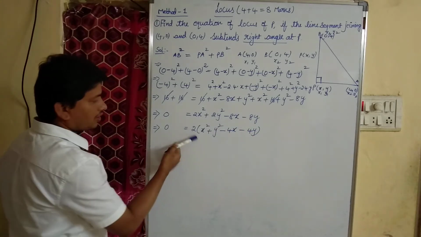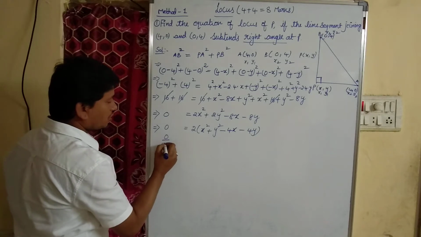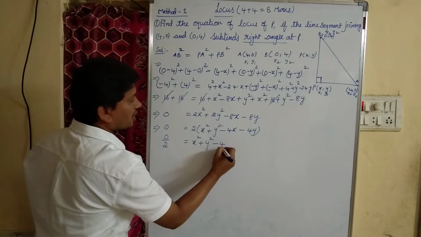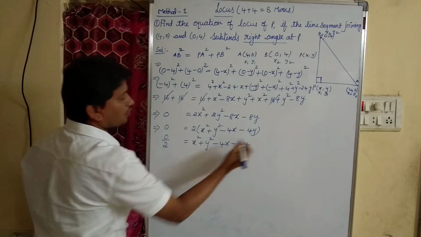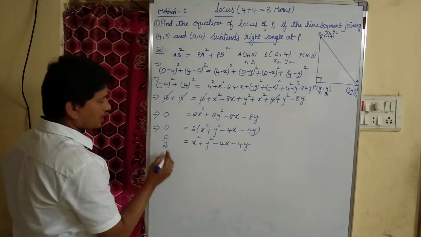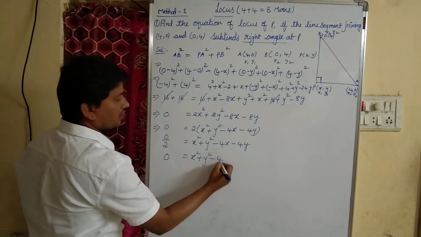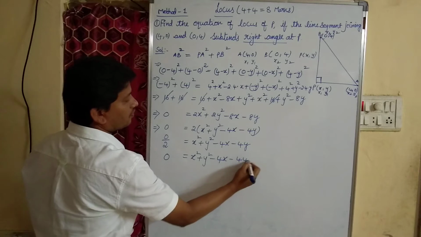As 2 is multiplying here, let me transpose: 0 by 2 is equal to x square plus y square minus 4x minus 4y. I mean 0 by something is 0. So that is x square plus y square minus 4x minus 4y.